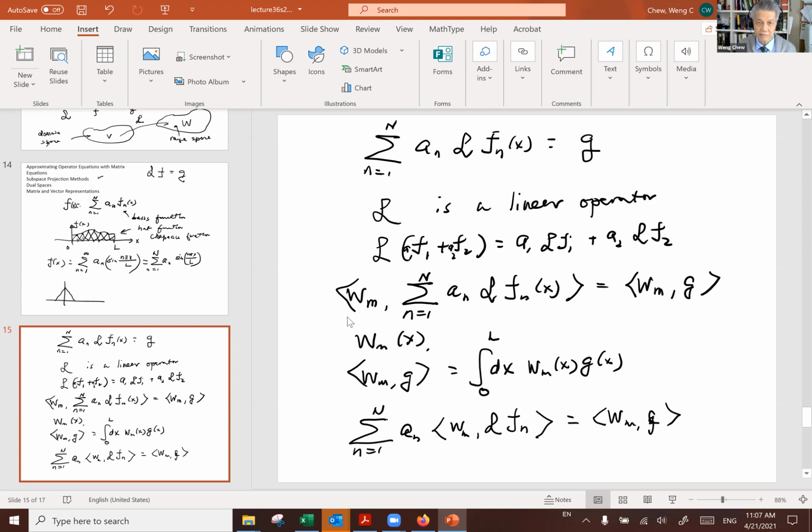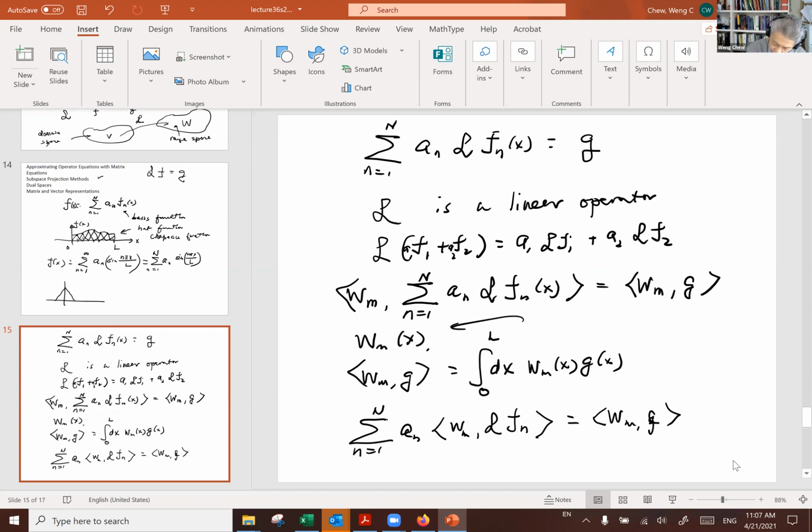What I have done is to actually take this weighting function into the innermost part and perform the inner product. This is called the inner product, as we have learned before in electromagnetics. So I take the inner product only on the innermost form, and then I do the same thing to the right-hand side. And I choose my testing function.